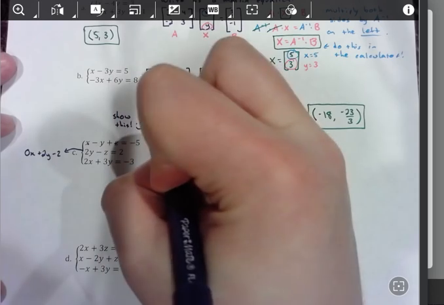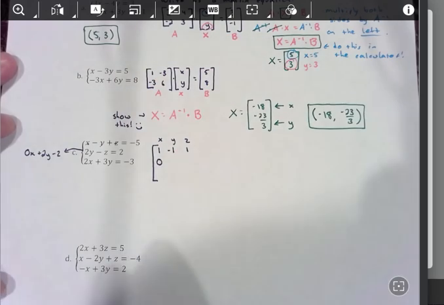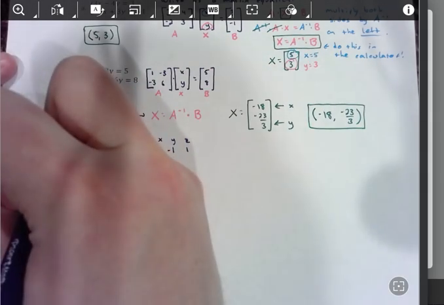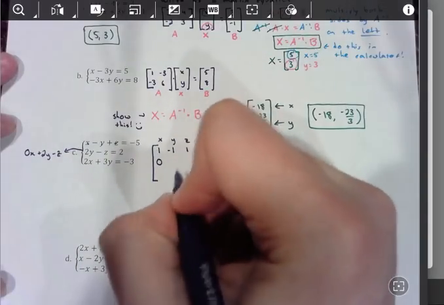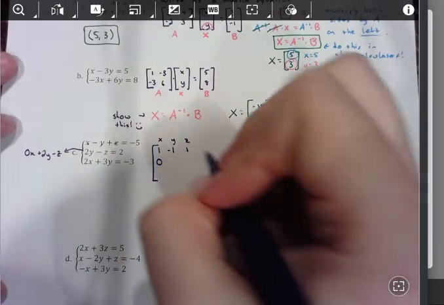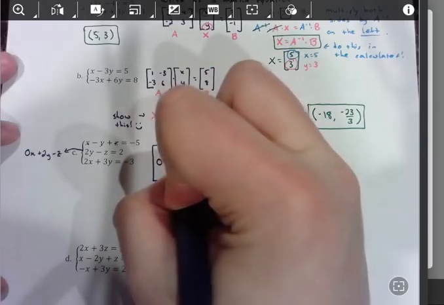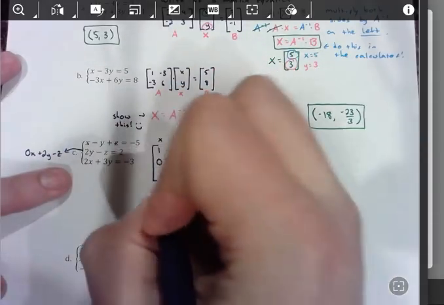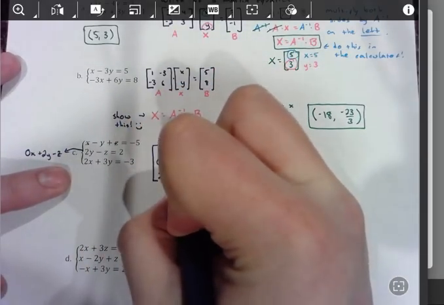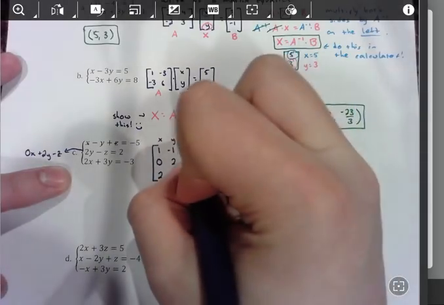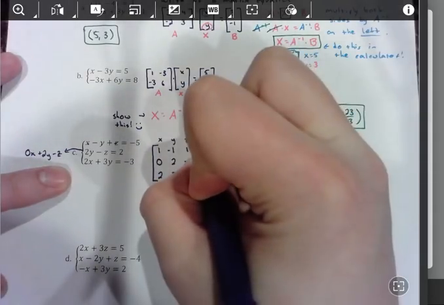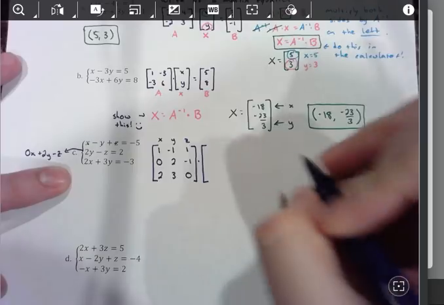So think about this as like your x column, your y column, your z column. Always keep your x's, your y's, your z's lined up. That's very, very important. So 0, 2, negative 1. In this one, we have 2 x's, 3 y's, but we're missing our z's. So 2, 3, 0. Now, we're going to multiply that.